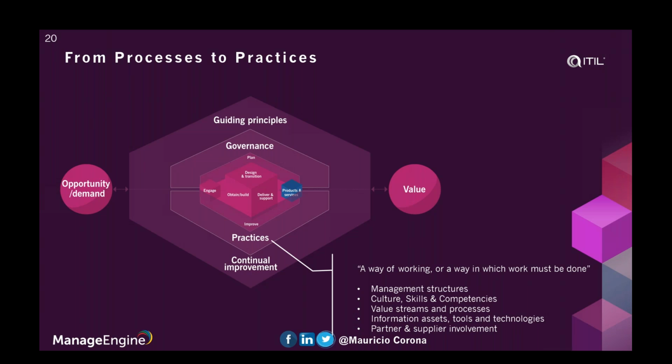Well, because practices are a way of working, or a way in which work must be done. And in order to achieve that, we need management structures, we need culture, skills, competencies, we need value streams, and processes. Of course, processes are still there, but we mean by practice that it contains every single aspect that you are seeing right now on the screen.